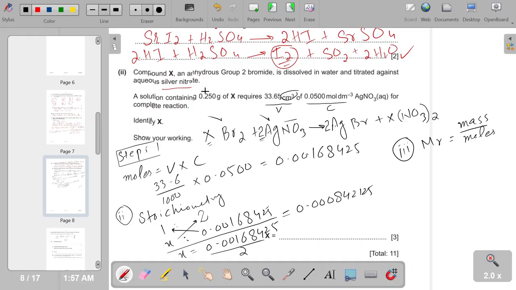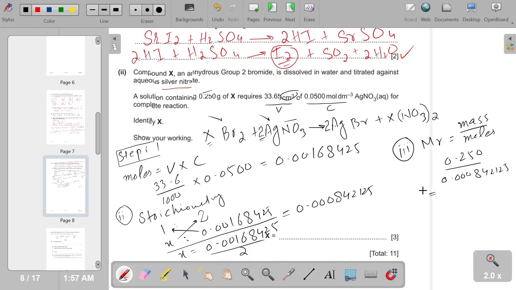So what is the given mass? It is 0.250. The number of moles is 0.0008422125. So now I will get the Mr. Let me find it: 0.250 divided by 0.0008422125.